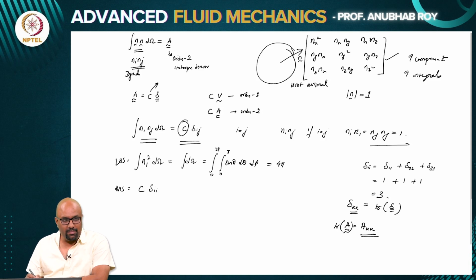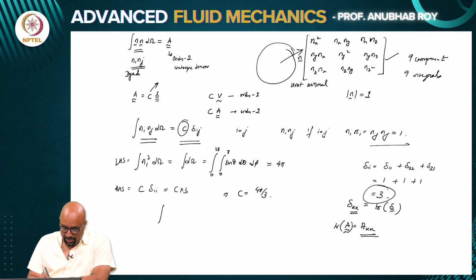For an identity tensor, the diagonal elements are 1, 1, 1, so when you sum them, you get 3. So, this becomes a constant times 3. Equating the LHS and RHS, you find that the constant is 4 pi by 3, which means instead of doing those 9 integrals, you have arrived at the conclusion that you have 4 pi by 3 delta ij.